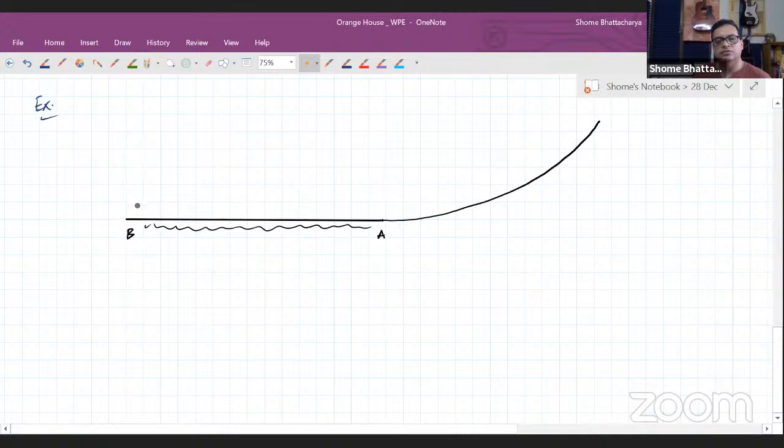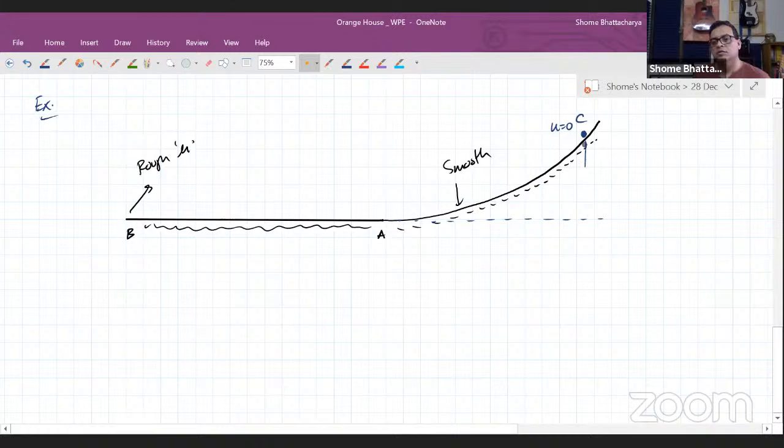This section is rough, with some coefficient of friction mu, whereas this section is smooth. Now, a particle is released from some point over here, such that it is at a height h equal to 20 meters.